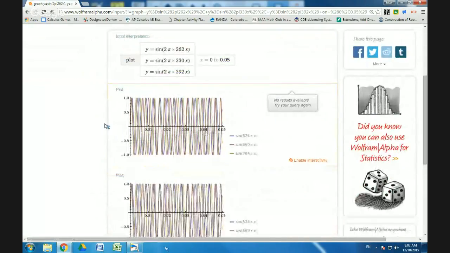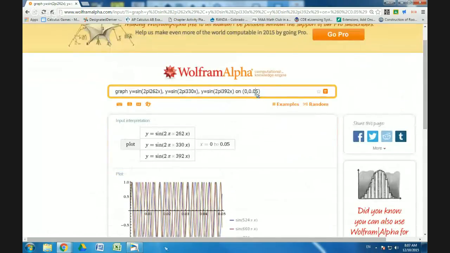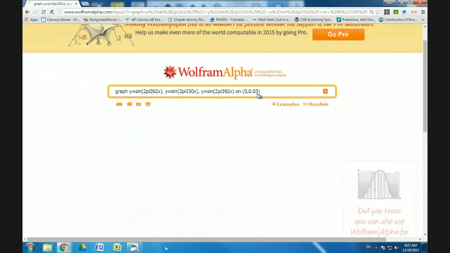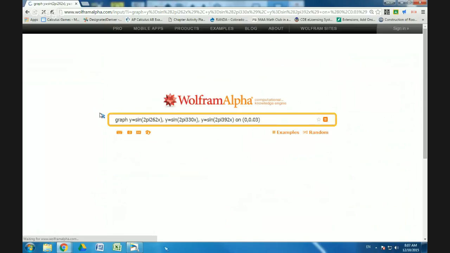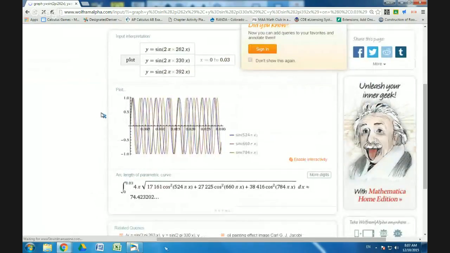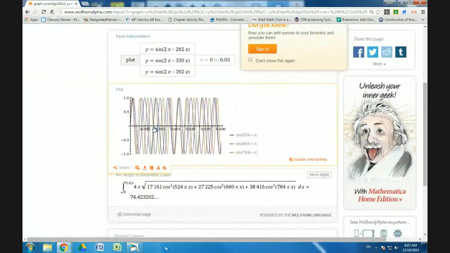And I can see all three of them intersect here. Let me change that domain to make it a little easier to see. 0.03. Ah, much better. You can actually see they intersect here. The sound waves are going different directions, but they do intersect there.